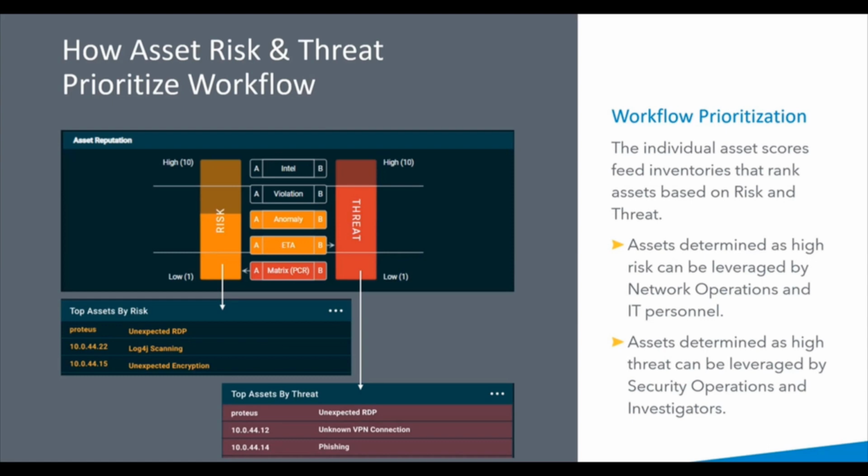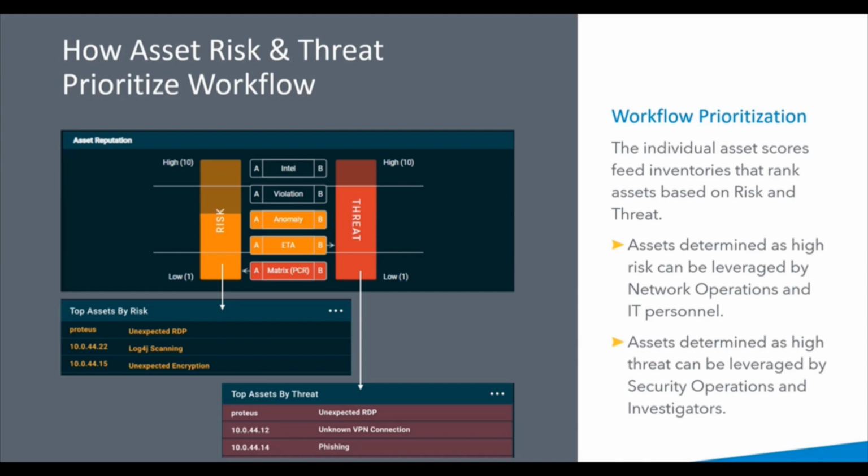We'll start with risk. So how does this prioritize your work? Assets determined as high risk, depending on a number of factors, can be prioritized by your IT and network operations teams, because their job is most likely to patch vulnerable software or mitigate any risk that's been identified during a risk assessment.